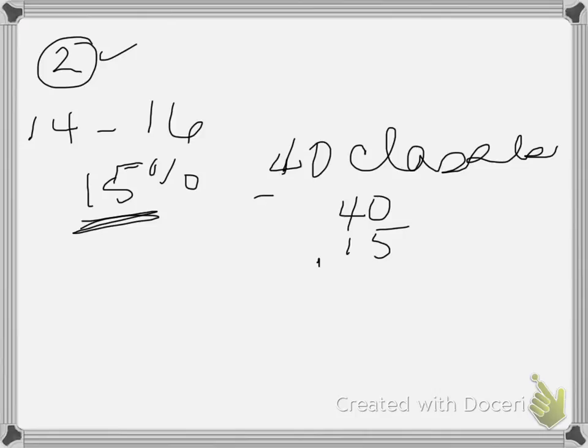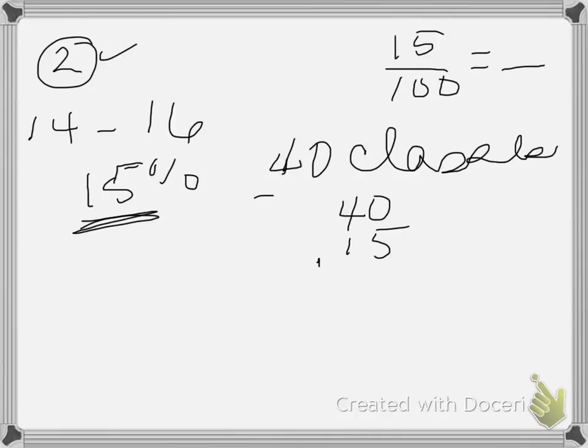Of means multiply. Okay, so you can either set up a proportion if it's easier for you. You go 15 over 100, because percent means 100, equals x over 40, since the whole thing is 40 classes total and you want to know how many she can miss.